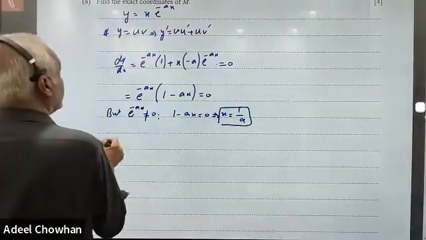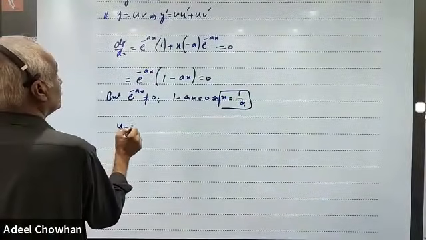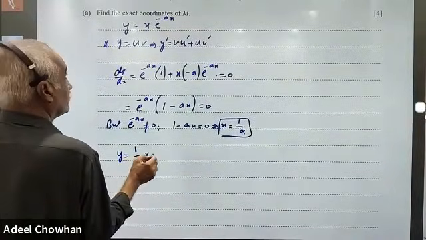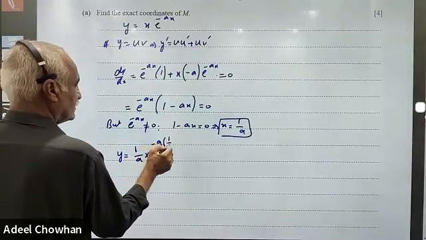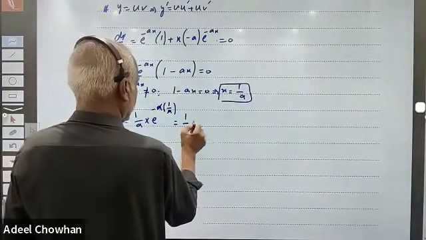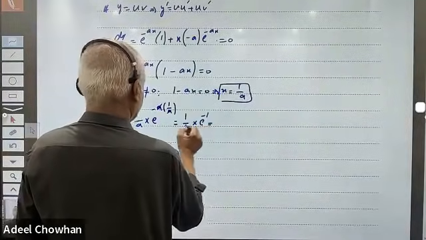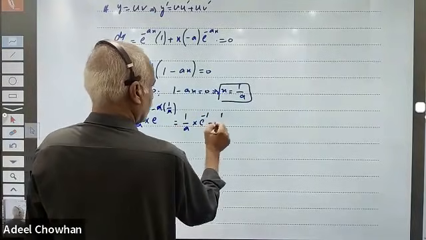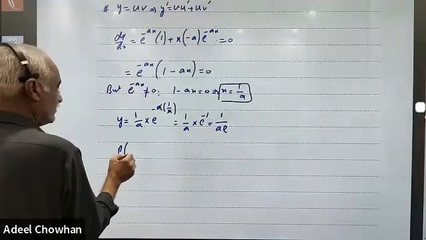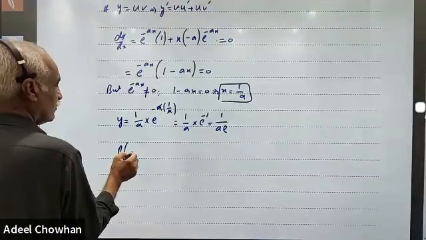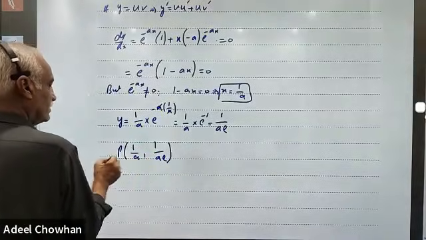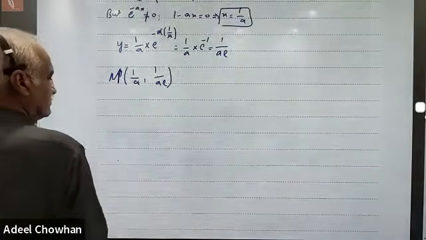When x = 1/a, then y = 1/a into e^(-a×1/a), so that is 1/a into e^(-1), which is 1/(ae). So the coordinates of M are (1/a, 1/(ae)).